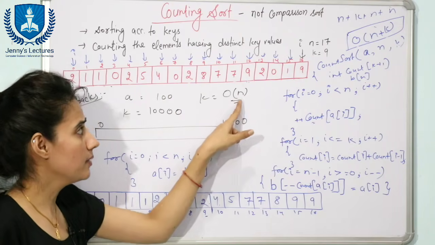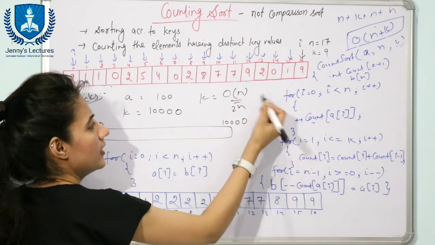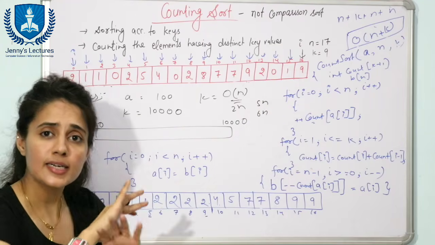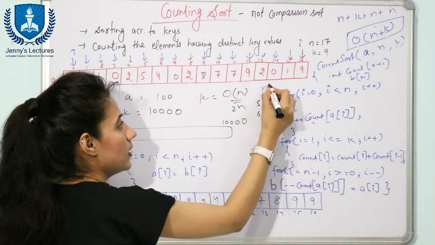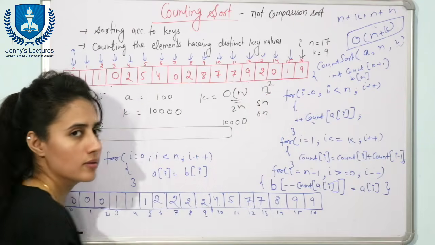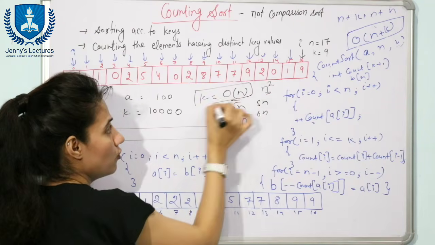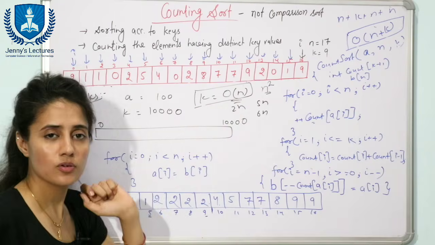It can also be 2n, 5n, or 6n, something like this, but it cannot be approximately n square. So this is the bound for this k. This k should be order of n.